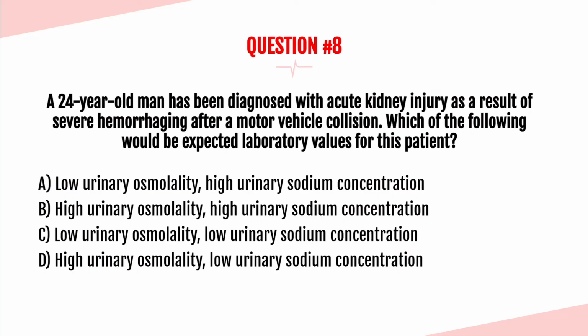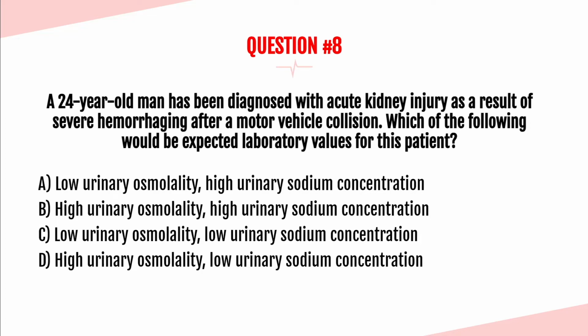Question number 8. A 24-year-old man has been diagnosed with acute kidney injury as a result of severe hemorrhaging after a motor vehicle collision. Which of the following would be expected laboratory values for this patient? Would it be A, a low urinary osmolality and a high urinary sodium concentration? B, a high urinary osmolality and a high urinary sodium concentration?